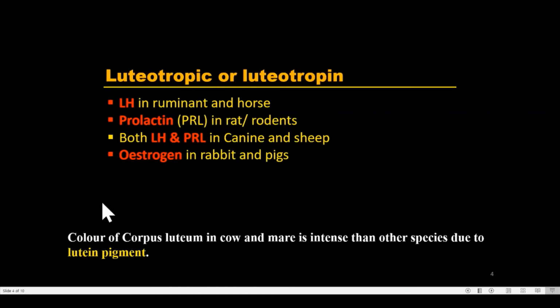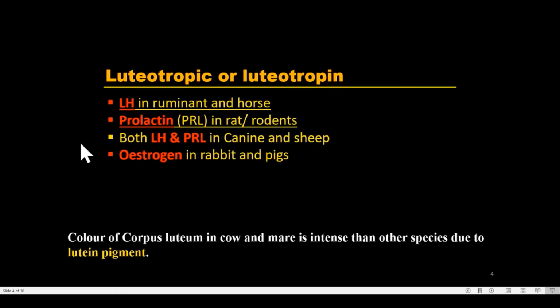Let us see which hormones are luteotropic. Luteotropic means they maintain the corpus luteum or enhance the production of progesterone. LH is luteotropic in ruminants and horses, and prolactin in rats and mostly rodents.